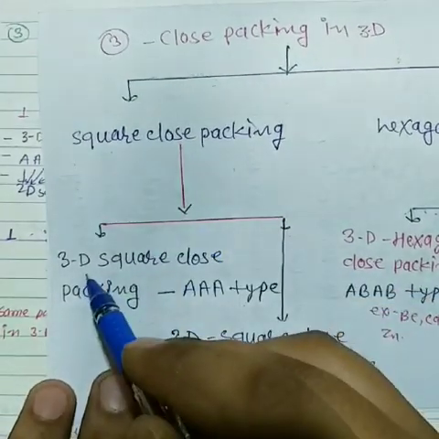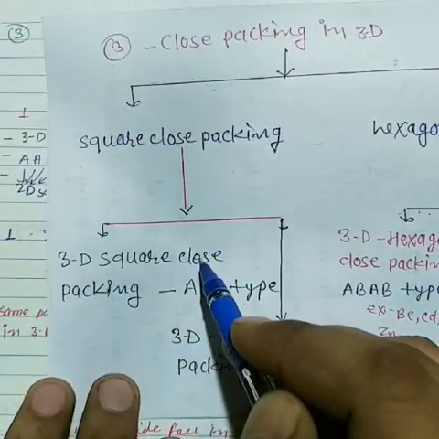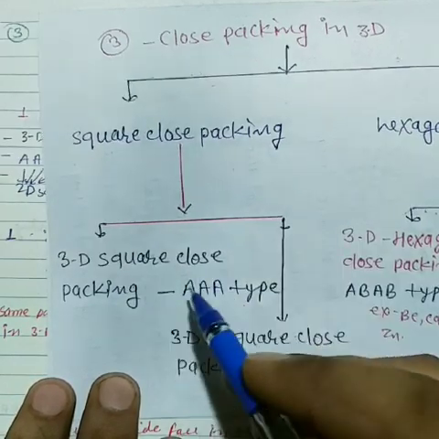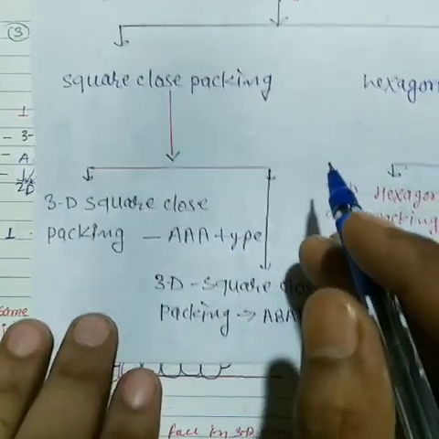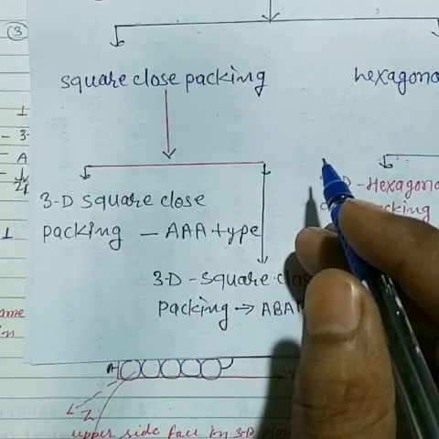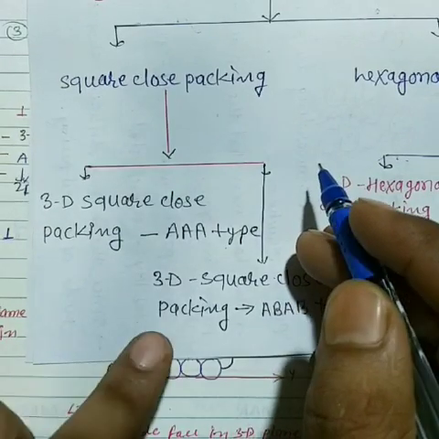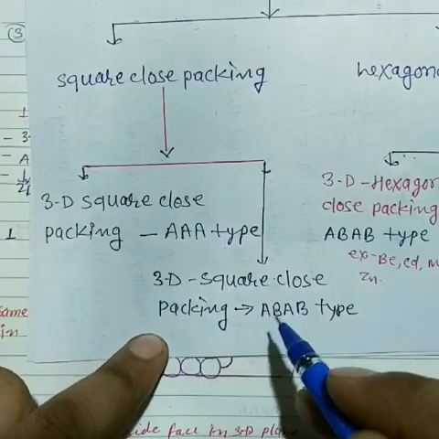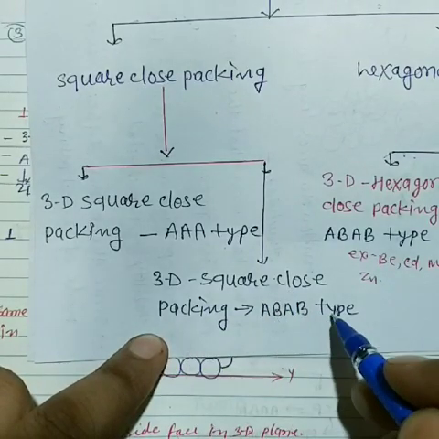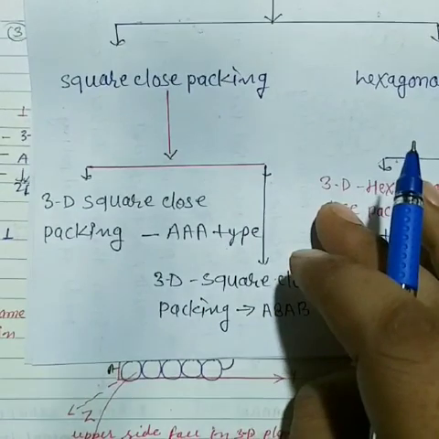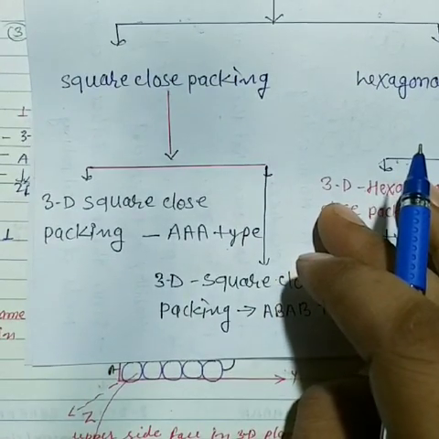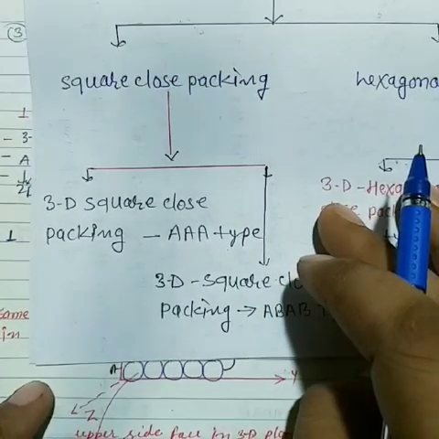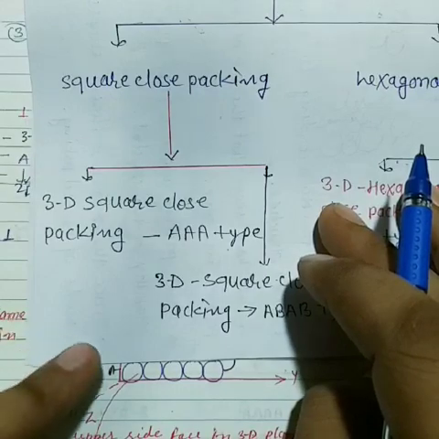First, three dimensional square close packing, known as AAA type. Just before I told you about AA type. And the second one is 3D square close packing, that means AB type. Just before I told you 2D square close packing and 2D hexagonal close packing.